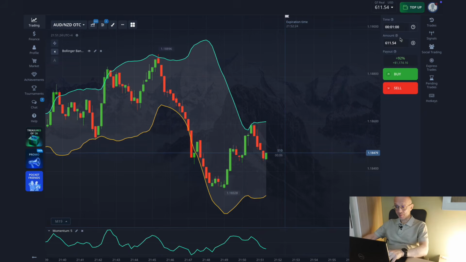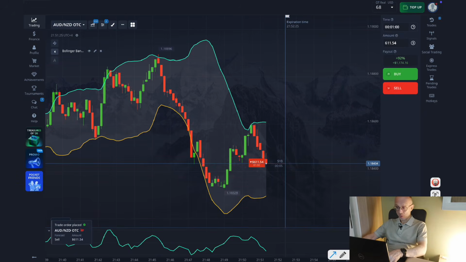Next, I see a sharp impulse forming. With the 1 minute expiration, I'm opening a short trade for $611. Despite a slight increase, buyers were unable to maintain control over the movement. The chart clearly shows how the upward impulse quickly fades and the candles begin to shift downwards.